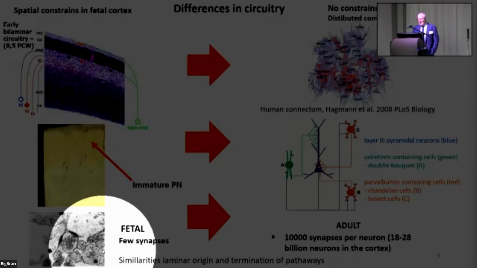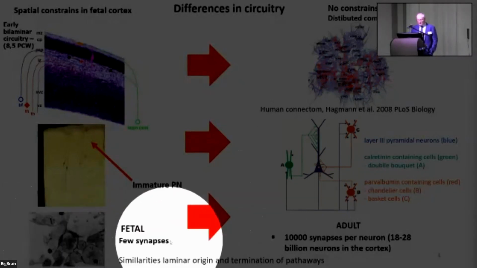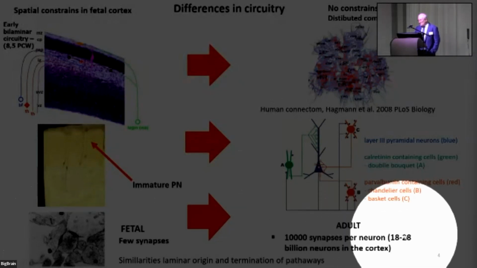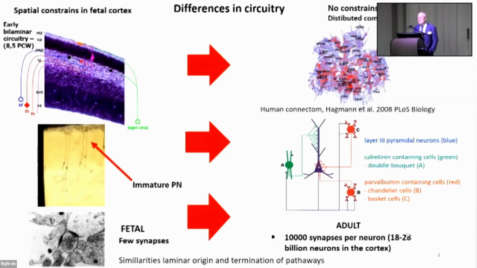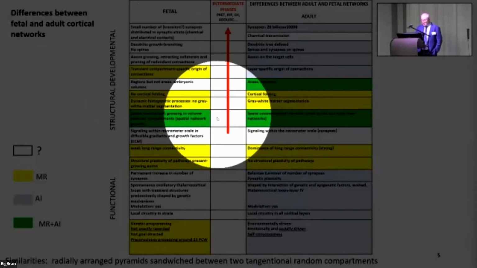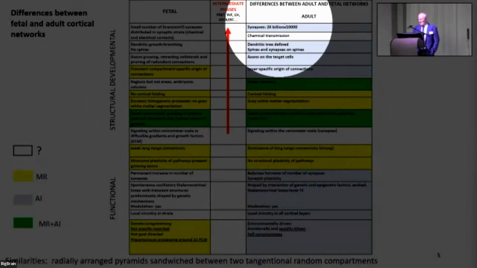Of course, synapses are a special challenging problem. You have few synapses in the fetus. In the adult, you have 10,000 times 28 billion in a 3-dimensional architecture. For the presentation, you can find it on the pages of this meeting. I listed what features we should study in the fetus and how it's different from the adult.